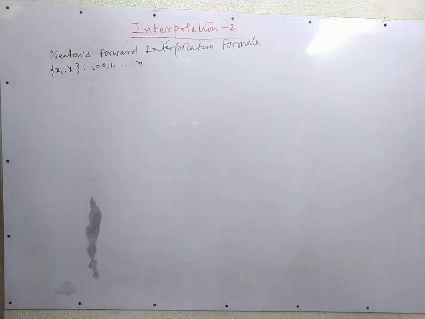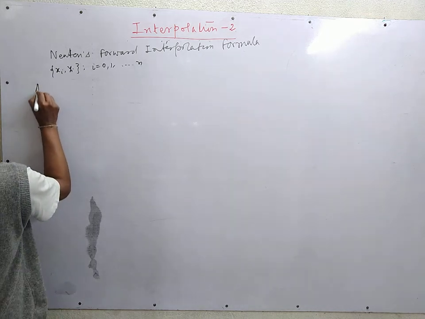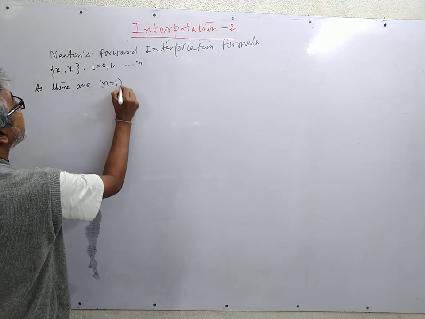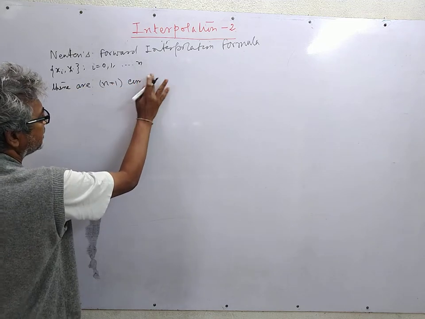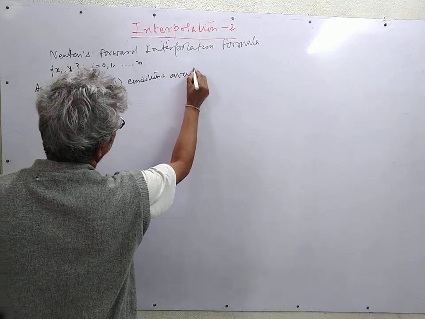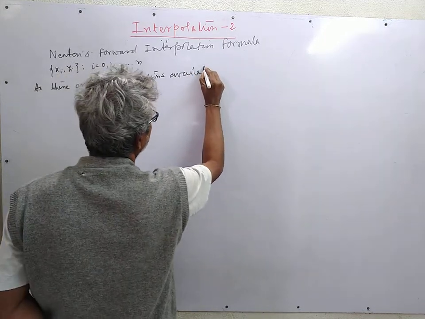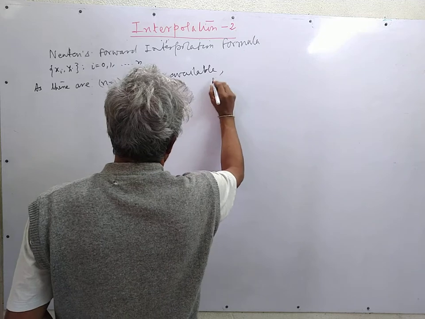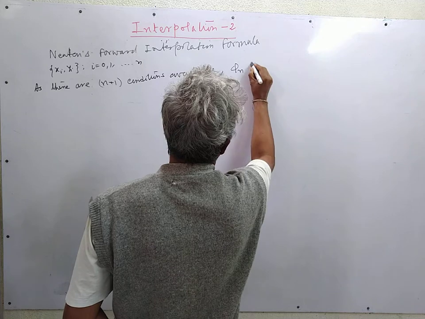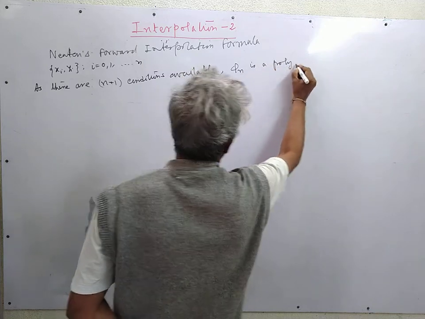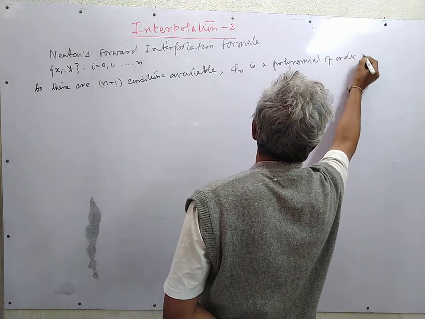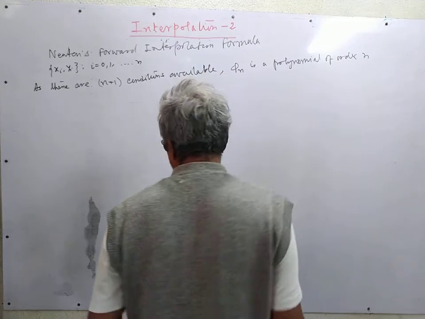So the interpolating polynomial, as there are n plus 1 conditions available, phi n, the interpolating polynomial, is a polynomial of order n at best.